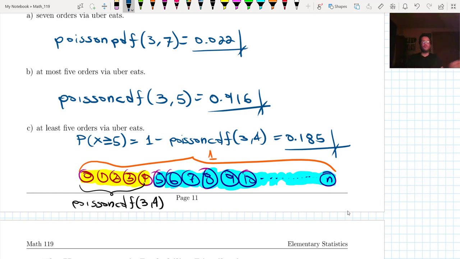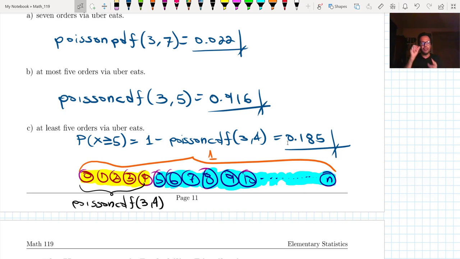Number of people arriving to a place, number of airplanes arriving to or taking off from an airport, or number of cars arriving to a car wash or a gas station, number of students arriving to a cafeteria, the bookstore, the library. So averages in this case, okay? So those are the main differences between the Poisson and the binomial distribution.